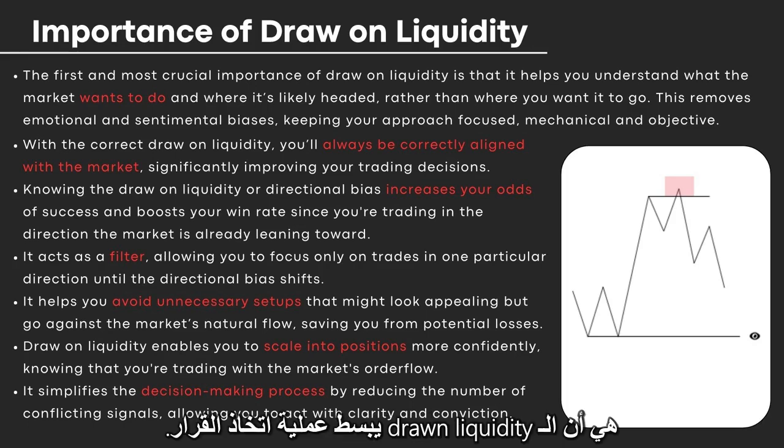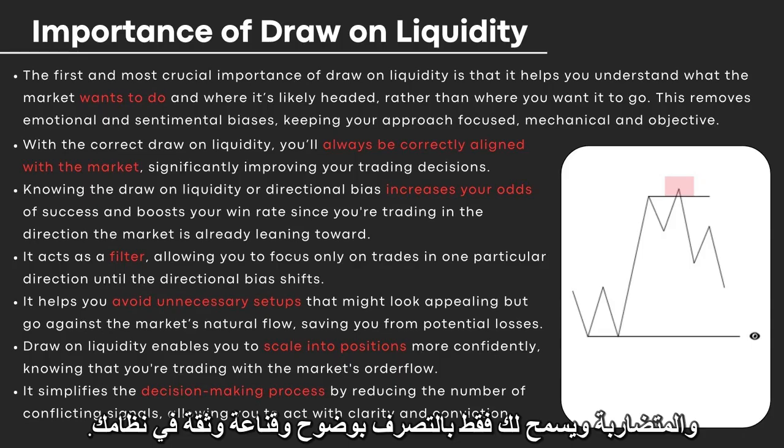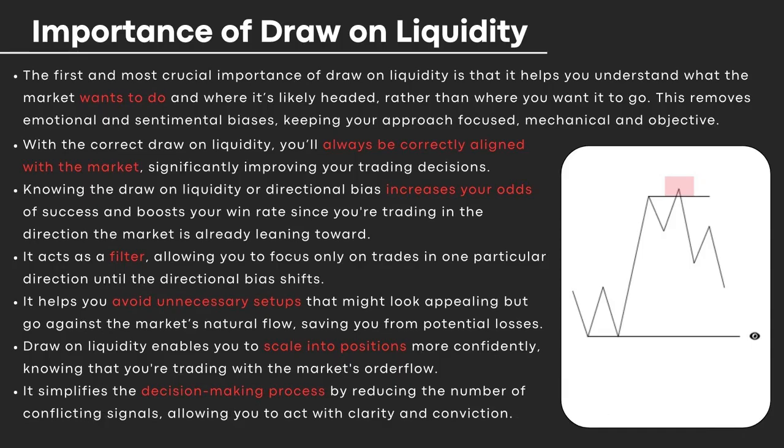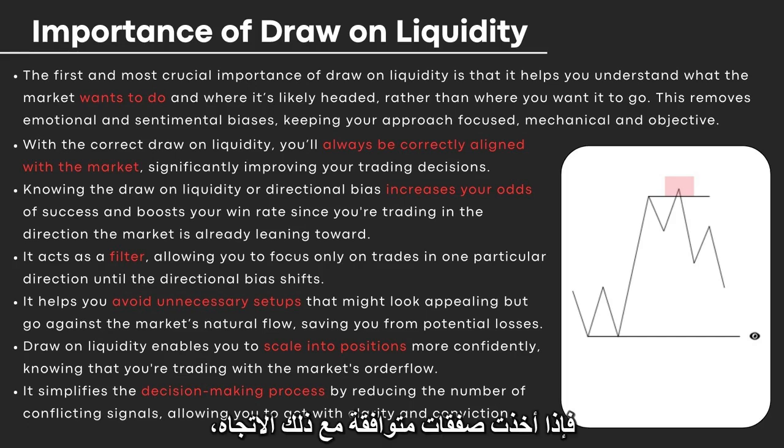Now, another point is that drawn liquidity simplifies the decision making process, right? Your decision making process when it comes to analysis and taking entry setups and building narrative, and that way it reduces the number of opposing and conflicting signals and only allows you to act with clarity and conviction and trust in your system, right? If you know that the market wants to go towards that particular direction, then if you take trades aligned with that direction, you would be a lot more content and a lot more objective in your approach, right?